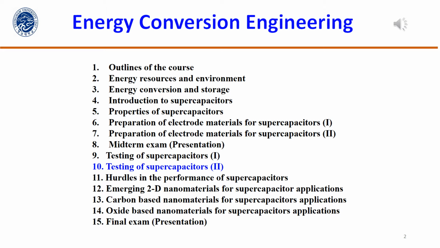So EIS can be applied to many electrochemical studies, and it is one of the useful techniques to apply for supercapacitors. So far we discussed all these topics, and this week we are going to discuss cyclic voltammetry. Simply it can be called CV, cyclic voltammetry.